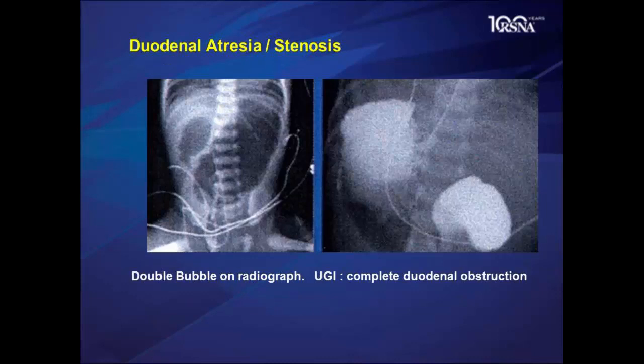Let's see a few examples of those entities. Here we are dealing with the duodenal atresia, classical double bubble, when some clinician would request a contrast study. Well, then same thing, double bubble, nothing goes through. So surgical entity.